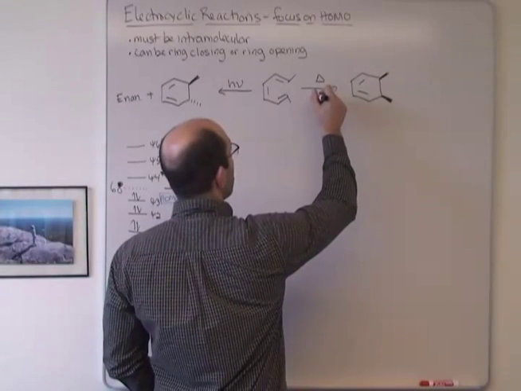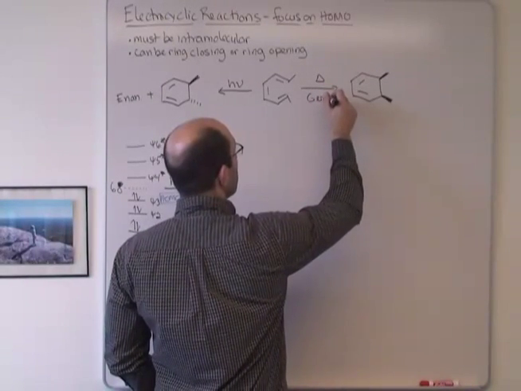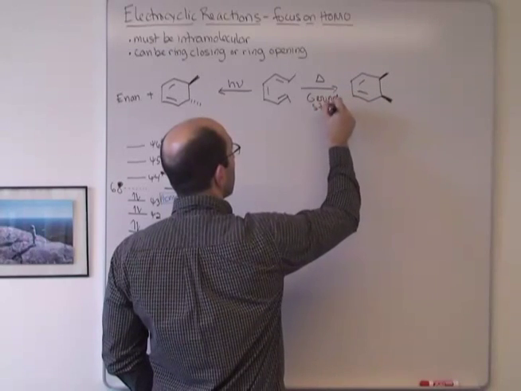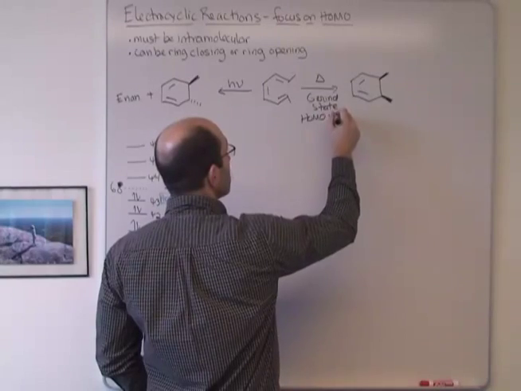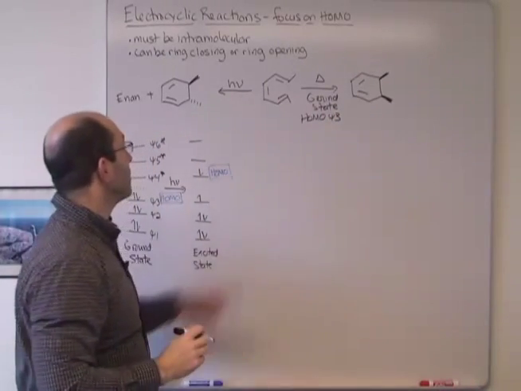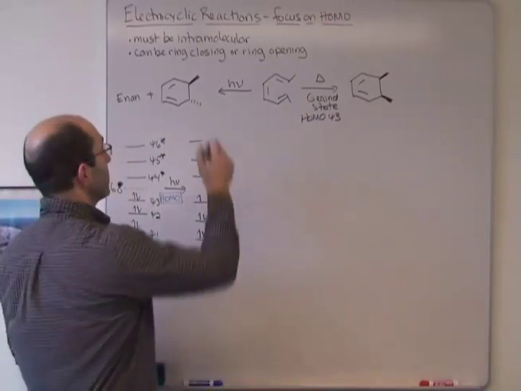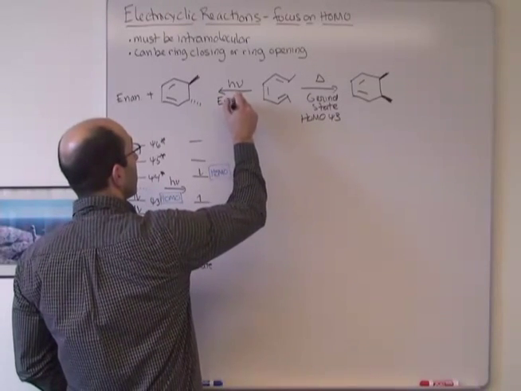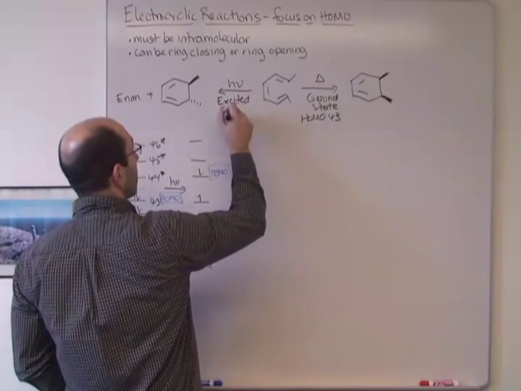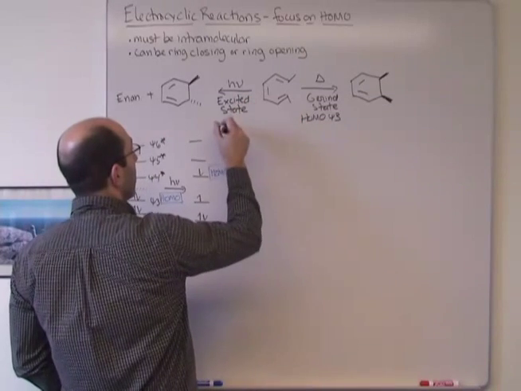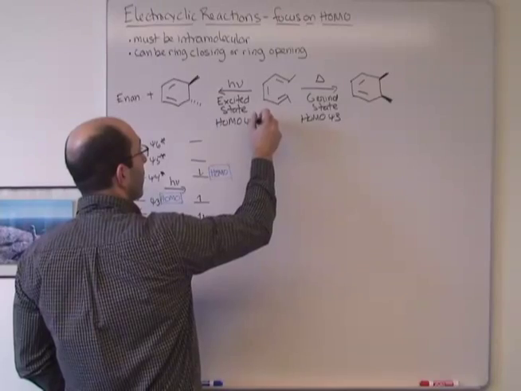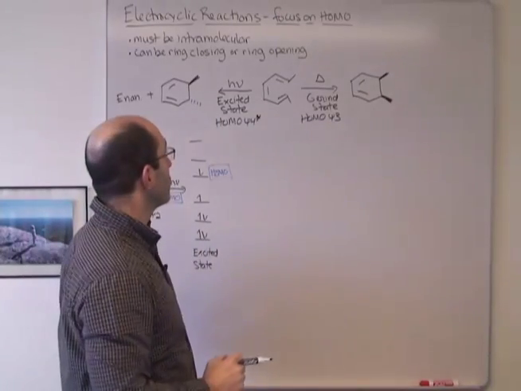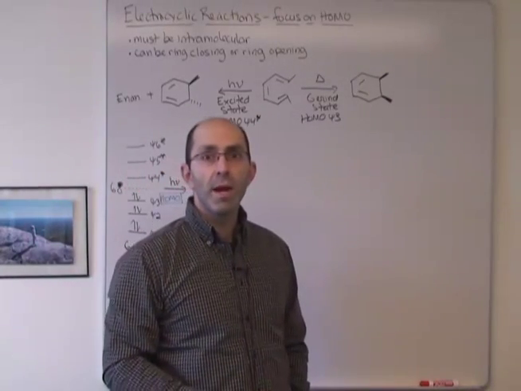It's important for us to remember this is going to be ground state, so HOMO is going to equal psi3. And when we do the photochemical reaction, that's going to be excited state, and that's going to be HOMO psi4 star. So that's how we're going to look at this reaction.